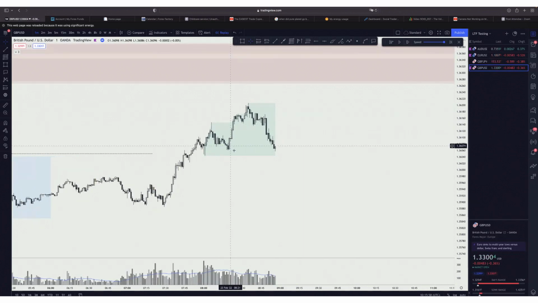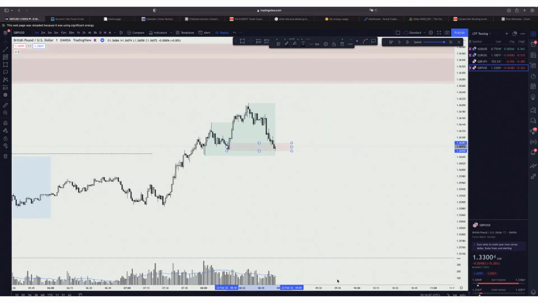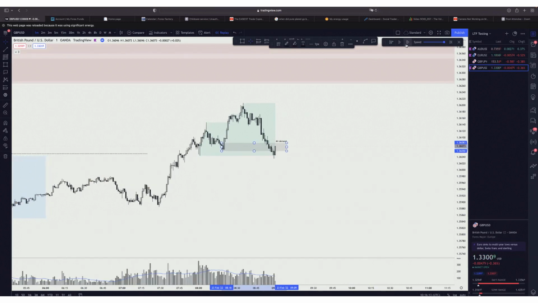Okay, so let's have a look. If a small demand, see if it holds. There's quite a lot of demands in that sort of area. I'm just going to see if we get to the supply.